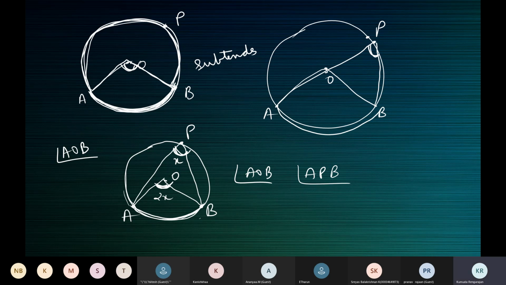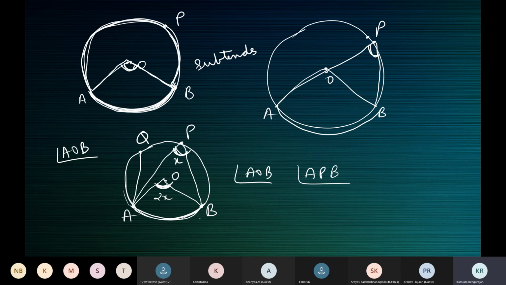Okay, now let's take a point Q on the remaining part of the circle. Join A to Q, join B to Q. To identify the angle, we always join the ends of the arc to that point on the circumference. AB is the arc. A and B are the ends of the arc.